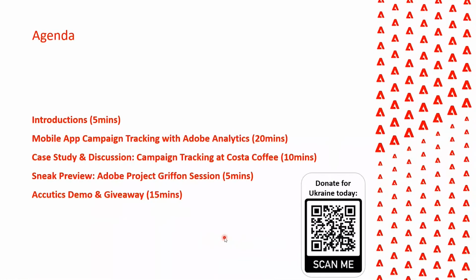So let's move on right now. We're going to start with some short introductions. Then I'm going to take you through some technical background of mobile app campaign tracking with Adobe Analytics. Then we're going to discuss a real live application of that setup at Costa Coffee from Dan, who's currently trying to find this meeting room.